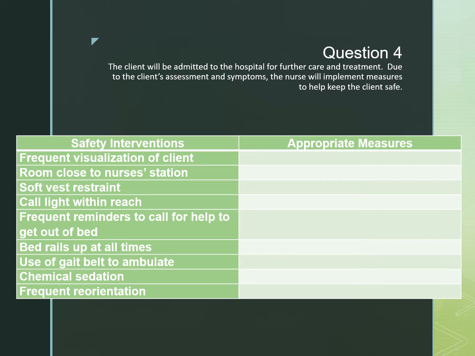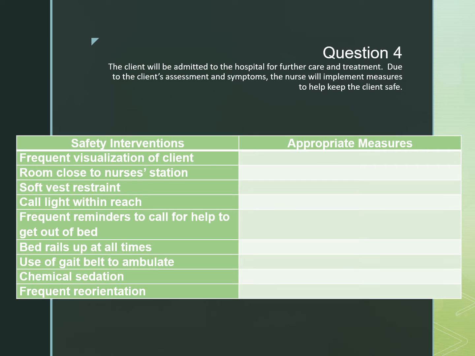Restraints are going to be absolute last resort, and there are so many things that we have to do with restraints that it almost makes it too much work to do, put it that way. But again, should be last resort.